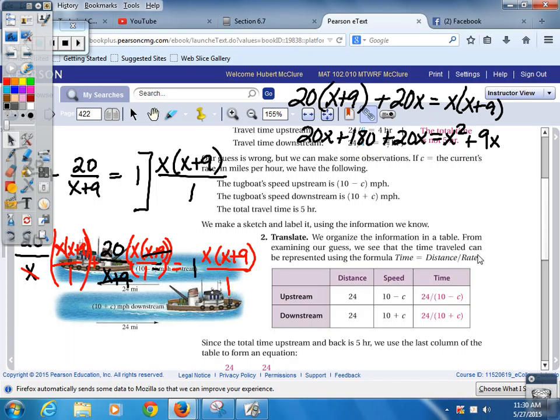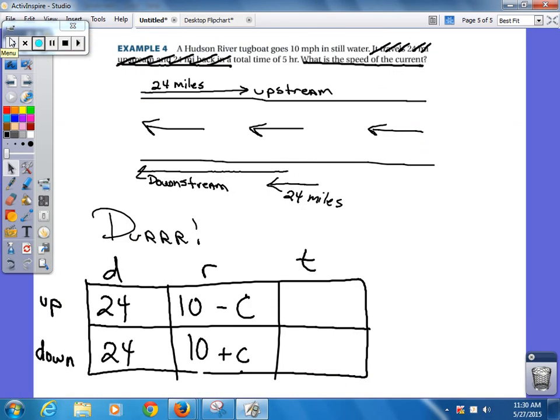So time is equal to distance divided by rate. Take your distance and divide it by the rate. So that'd be 24 divided by 10 minus C, and 24 divided by 10 plus C.